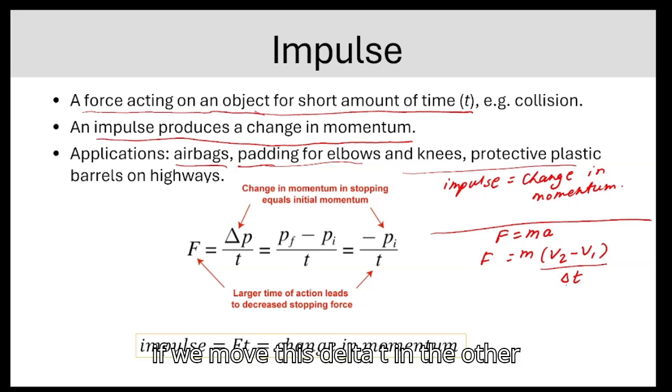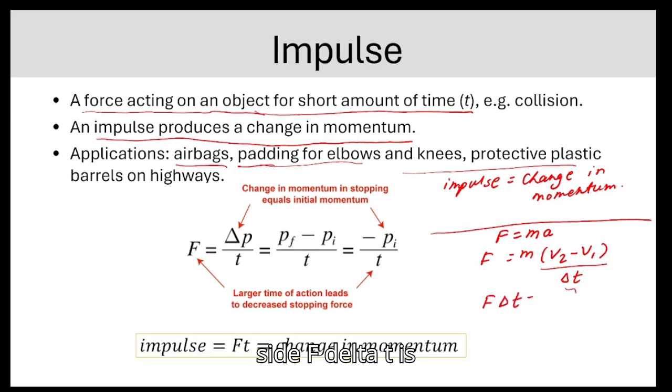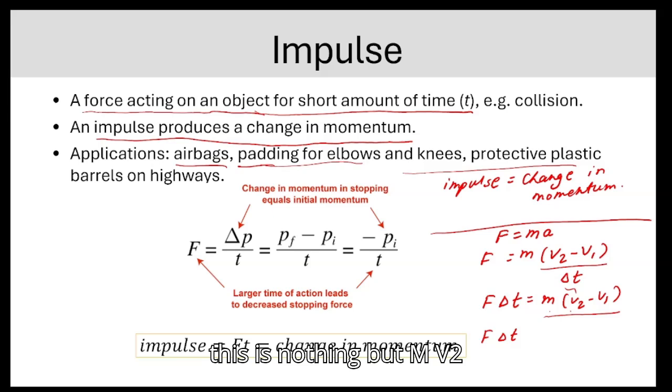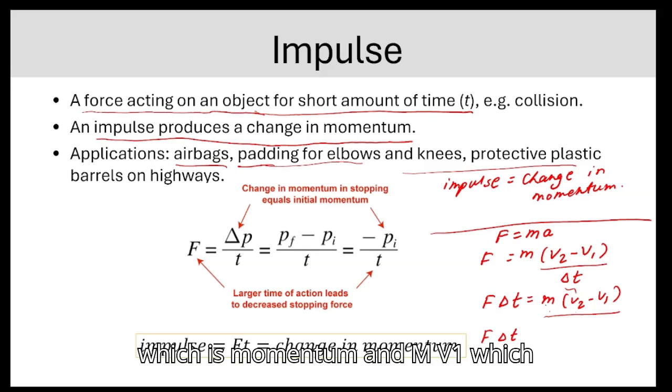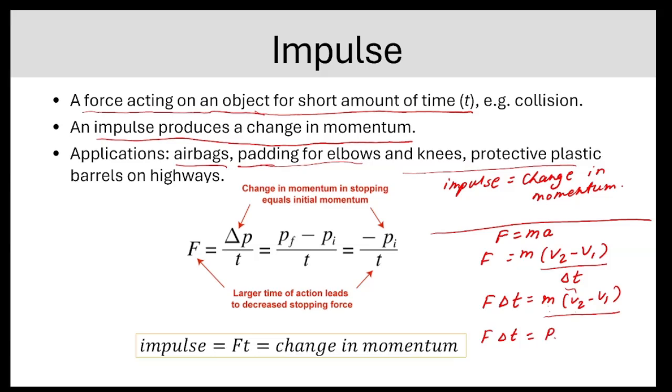Now if we move this delta t to the other side, F delta t is equal to m v2 minus m v1. And if you see here, this is nothing but m v2, which is momentum, and m v1, which is also momentum. So this is p2 minus p1.